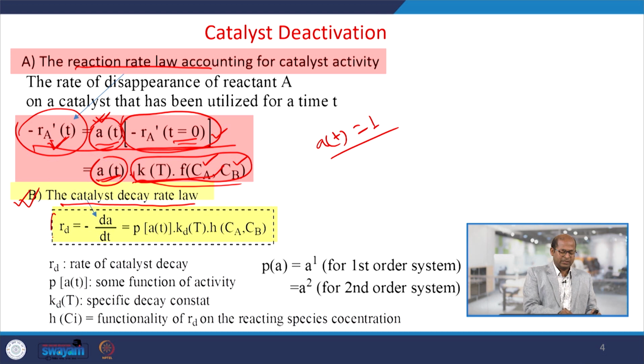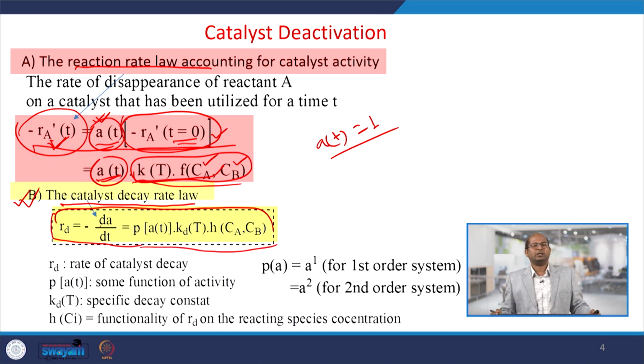Here the catalyst deactivation rate we can write this way: r_d, the rate of deactivation of that particular system or catalyst, equals minus dA/dt, which is k_d times a function of activity. Similar to the rate constant or specific reaction rate, for deactivation or decay you also need to know the rate.